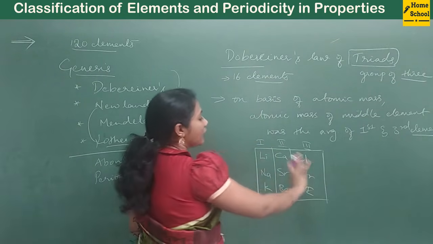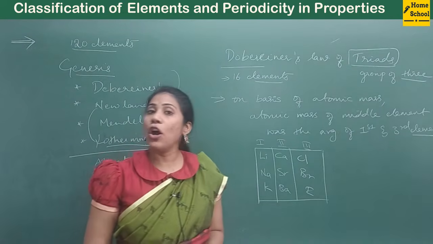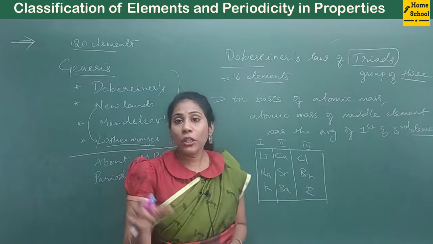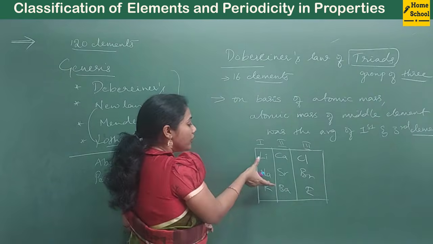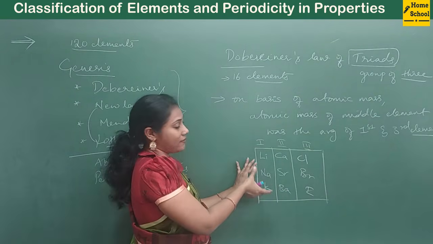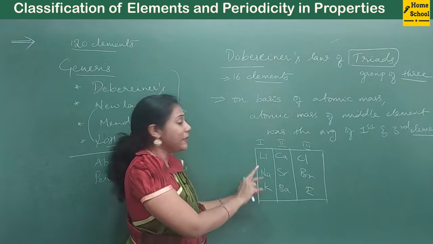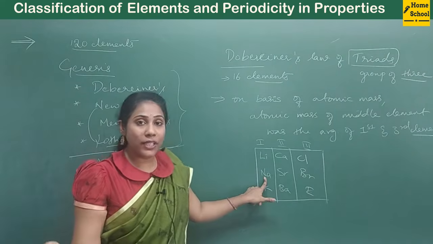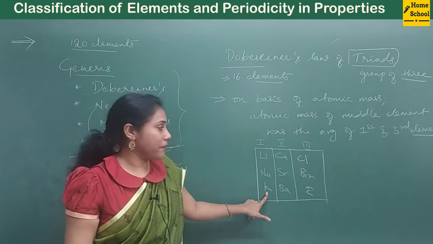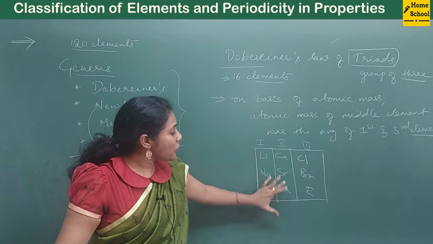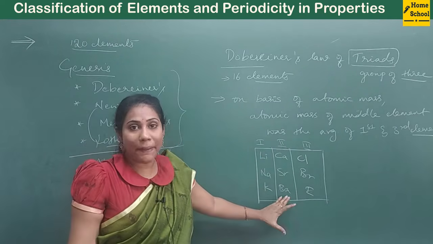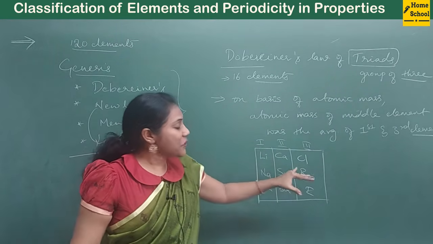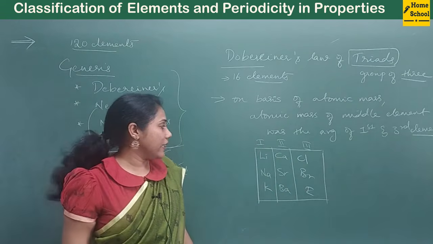So these are called Dobereiner's law of triads. Even in your modern periodic table, the first triad is present like this only. I mean, after lithium you will have sodium, after sodium you have potassium. Even calcium, strontium, barium also are arranged in the same pattern, right? So you will find these triads even in our modern periodic table.